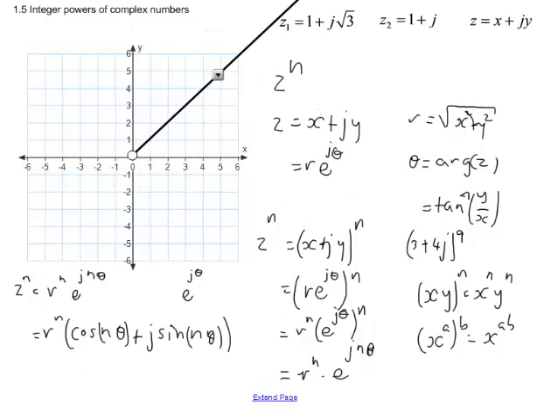Each time you increase the n, this is what's going to happen. Do you feel it? Do you see it from this formula? Okay, so that's elevating a complex number to powers of n. Any question at that point?